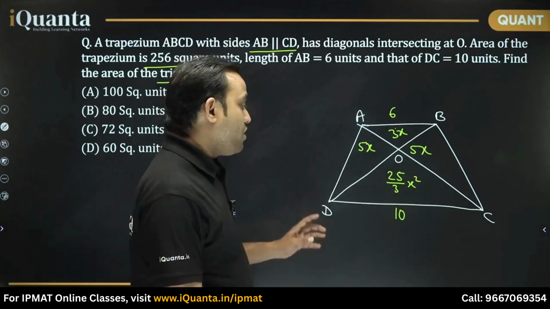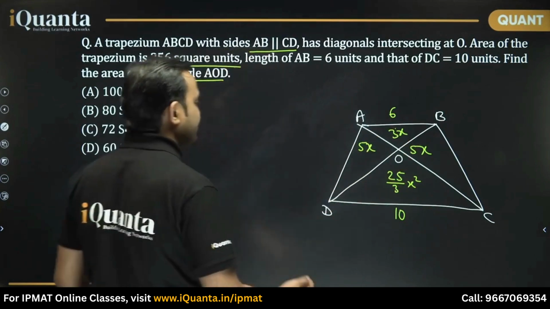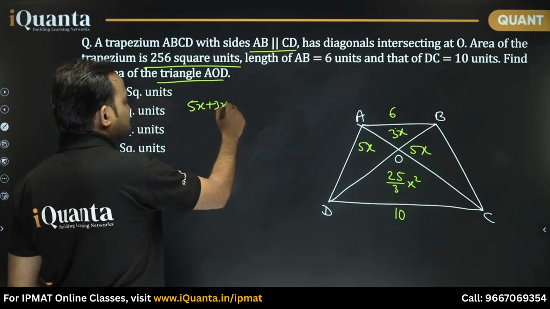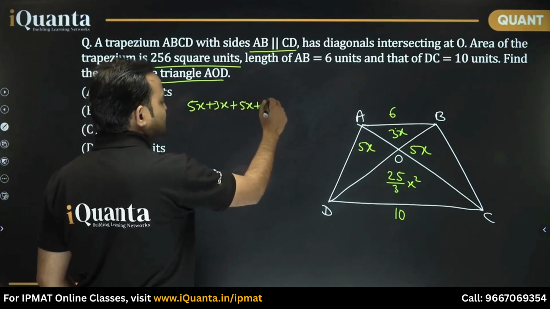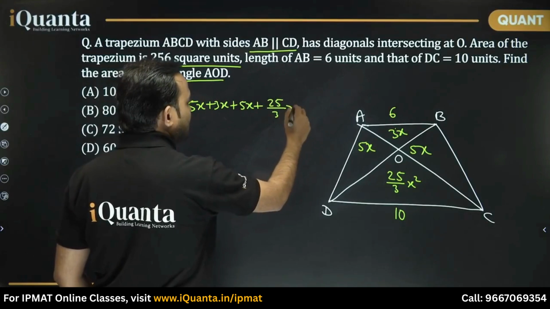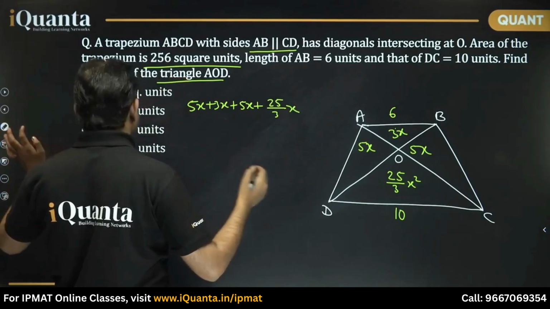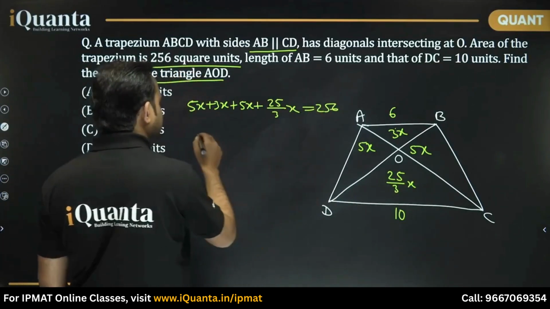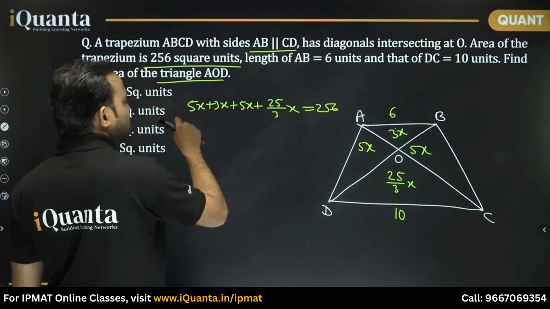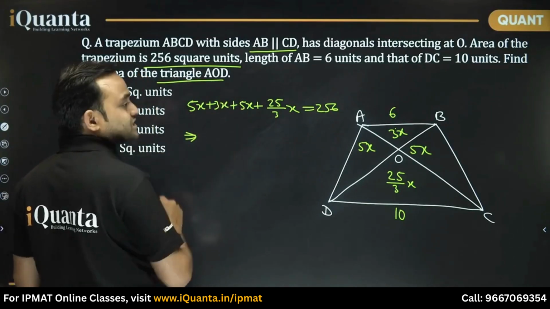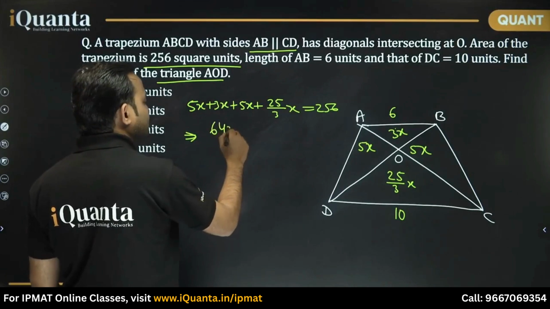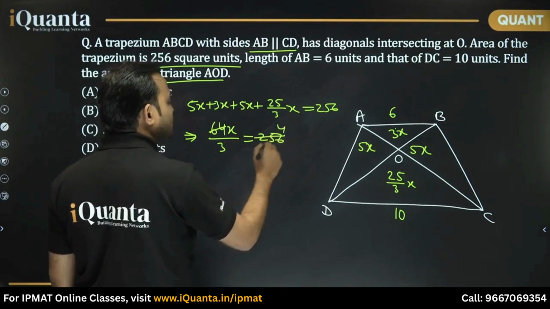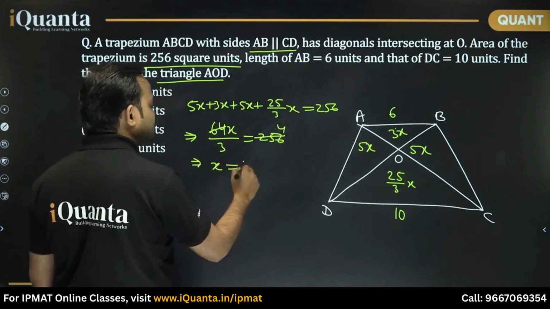Right? Now, in that case, if I add all the areas, can we say it will be 5x plus 3x plus 5x plus 25 by 3x. This is not x square, this will only be x. This is equal to 256, or if I take 3, so this will be 15, 10 plus 3 is 13, 39 and 24, 64x upon 3 is equal to 256. 64 into 4 is 256, or x is equal to 12.